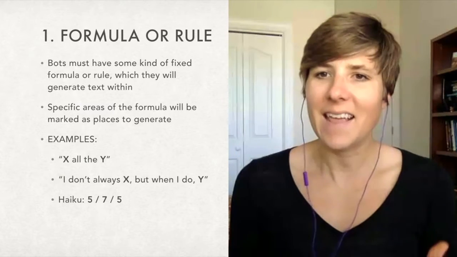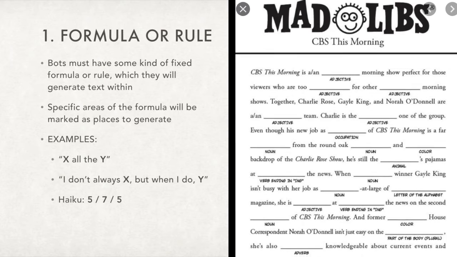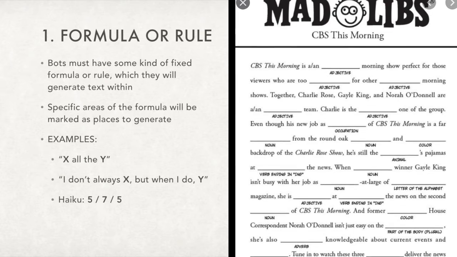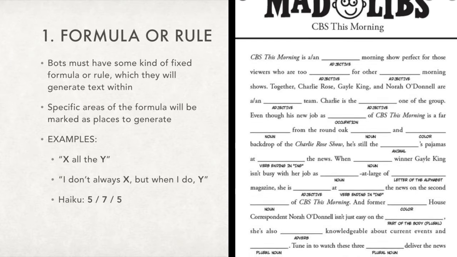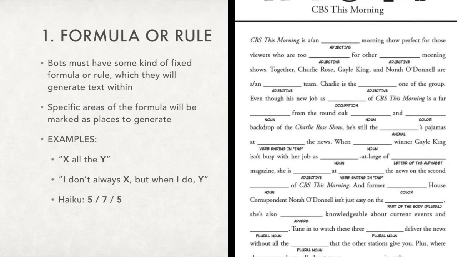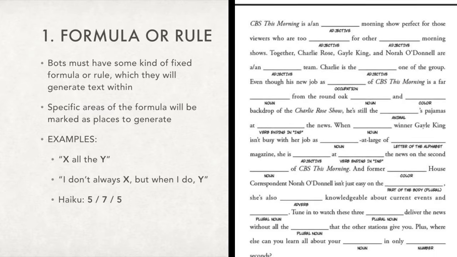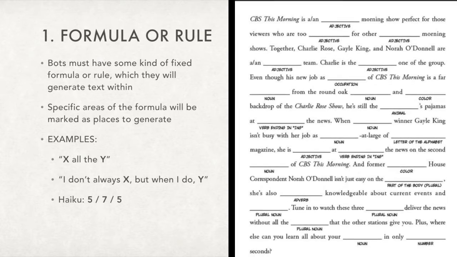And then finally, to think even more broadly about what a formula can be, I don't know if this is a game that you guys play anymore, but there were these old things called Mad Libs, where you would get a story with certain words cut out, and it would tell you what words to fill in. Maybe there'd be a noun broken out, and you would provide a noun, and then a verb would be broken out, and you'd provide a verb. It would give you these kinds of rules for filling in content.